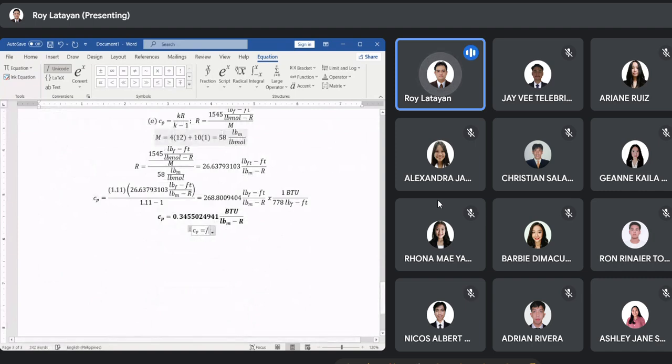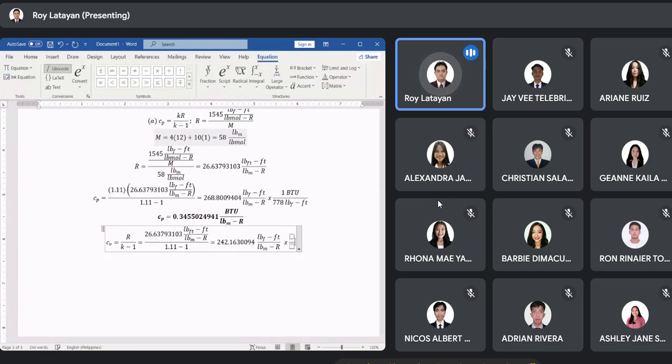For CV, we have the same formula. With the same formula, you just remove the K. So we already have the value of R, and this is 1.11 minus 1. You just remove the K here. So the value is 242.1630094 foot-pound per pound mass Rankine.